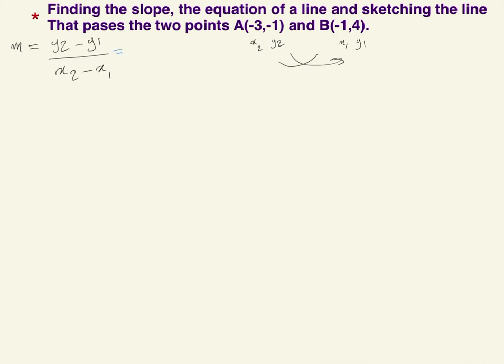So y1 is -1, y2 is -4, so we get -4 minus -1 over x2 is -1 minus x1 which is -3, so equal to -3 over 2.